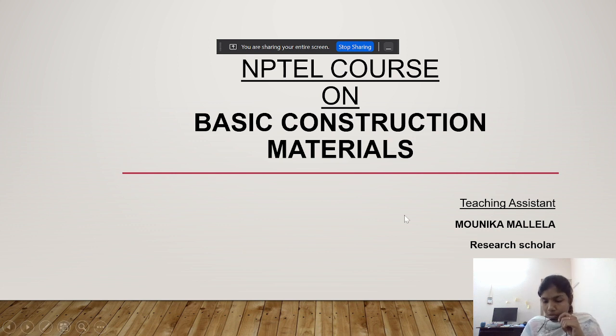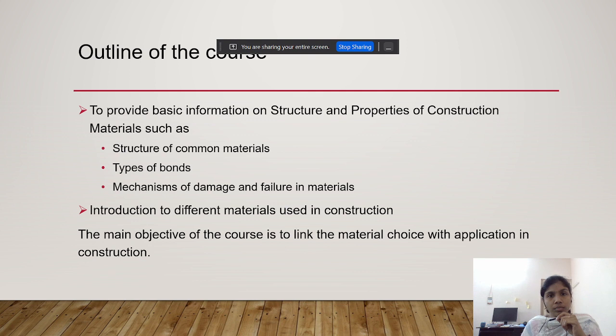I hope the screen is visible to everyone. This is the basic outline of the course. As we all know, the main purpose of the course is to provide basic information on structure and properties of construction materials, such as structure of common materials, types of bonds, mechanism of damage and failure in materials.